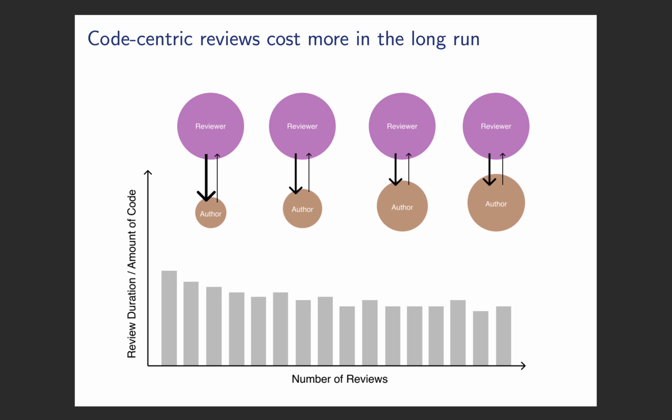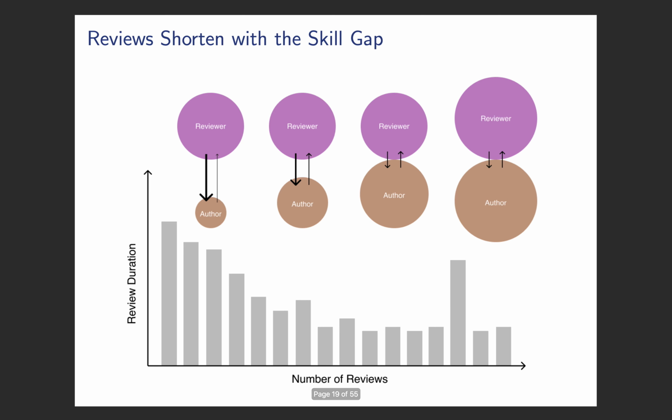And not only that, I think this diagram is probably ignoring the fact that as the author gets better and their skills improve, they'll also write the code faster. Another thing I squeezed into this diagram is that on the right, one of these reviews is a little more in depth.